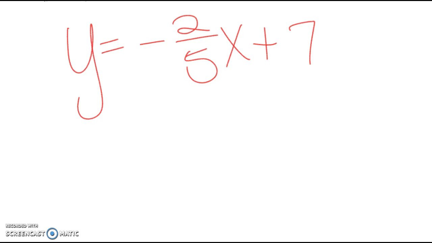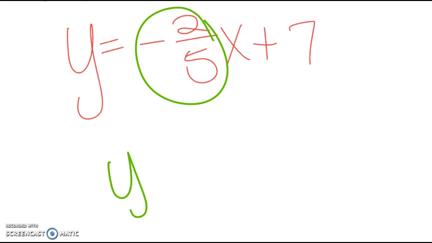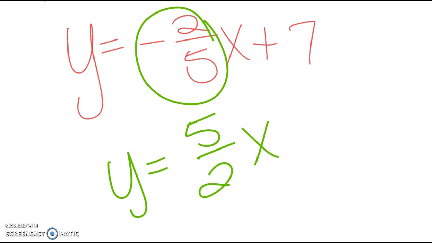But if I asked you to write me an equation of a line that was perpendicular to this, all you need to worry about is making a new slope. So the slope has to be the opposite sign and it has to be the reciprocal. So I could say, okay, y equals positive 5/2x, and then I would just make up a y-intercept of anything I wanted. If I graph those two lines on the same graph, then they would be perpendicular lines.